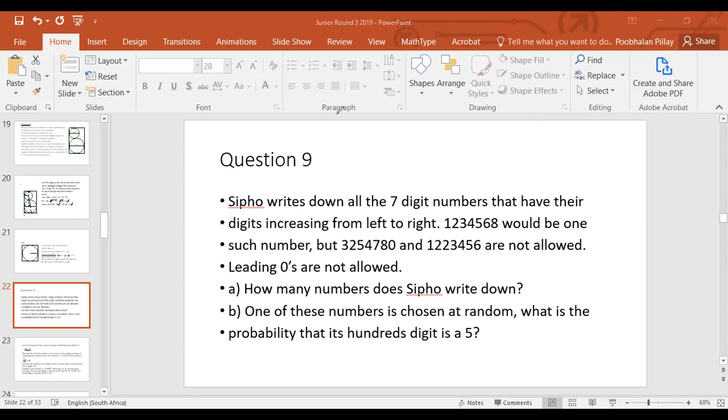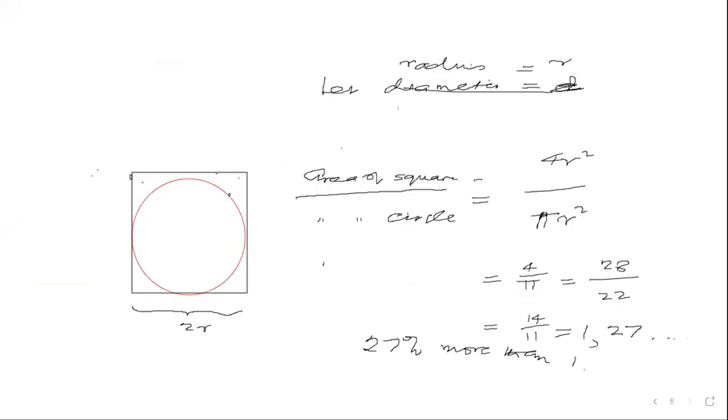I'm going to go back to my whiteboard, because I've got a couple of things to say about this. Let's have a look at this problem. You're writing down 7-digit numbers, all in increasing order.